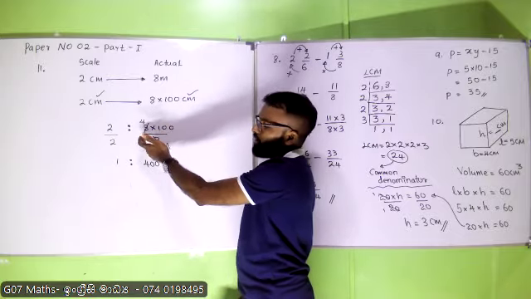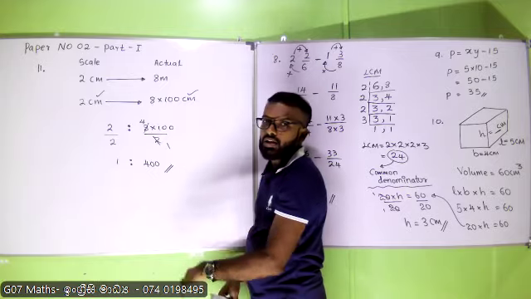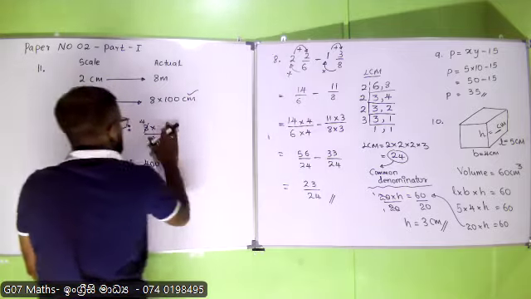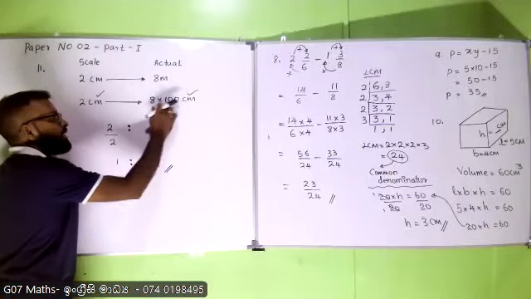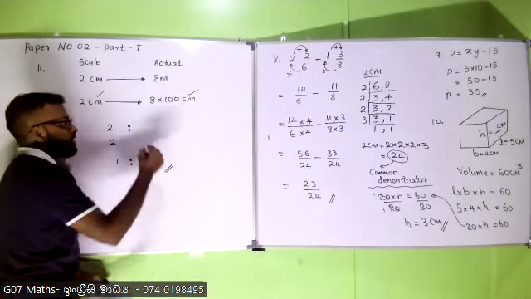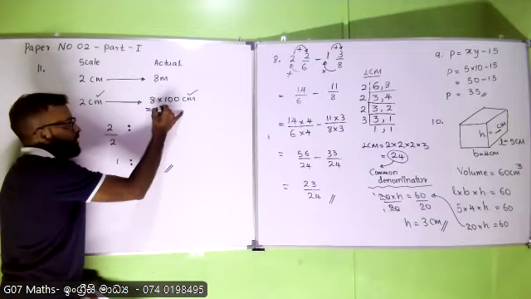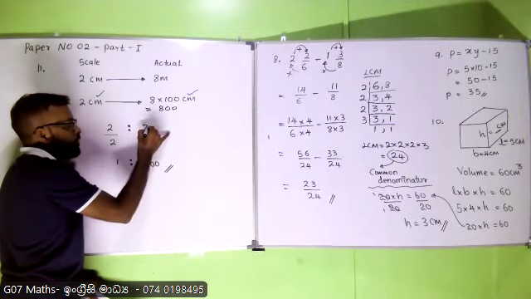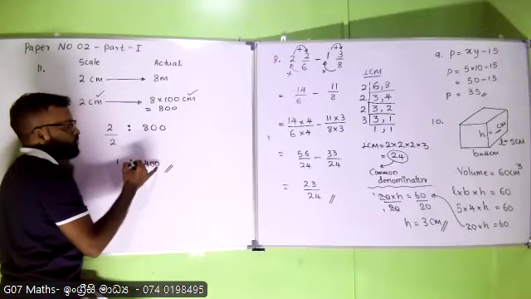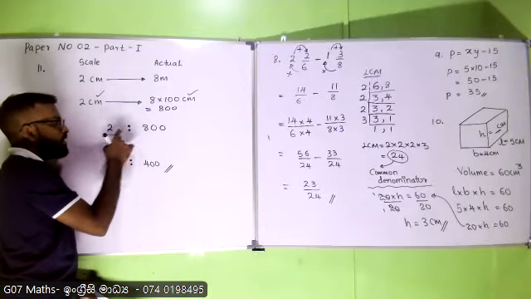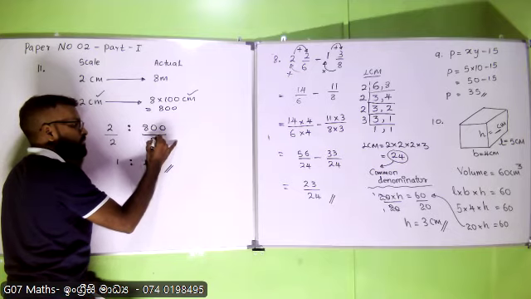Normally I didn't simplify here, but if you want, you can simplify it. 8 times 100 is 800, so here you can put 800. So 2 to 800, you need to keep this in the simplest form.